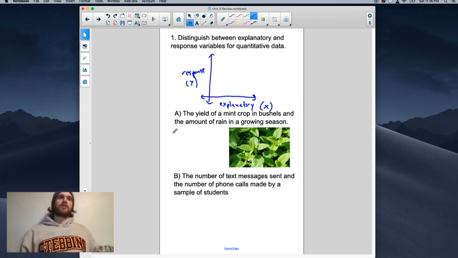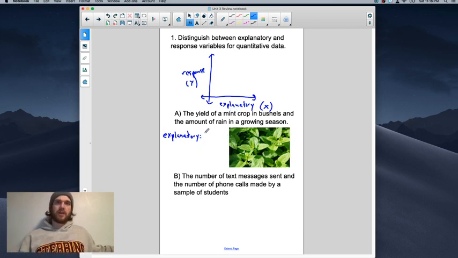But I think you guys can probably see the explanatory variable is the one that's going to create a change in the other. The one that gets changed is the response variable. So basically, the amount of rainfall has control over the mint crop.